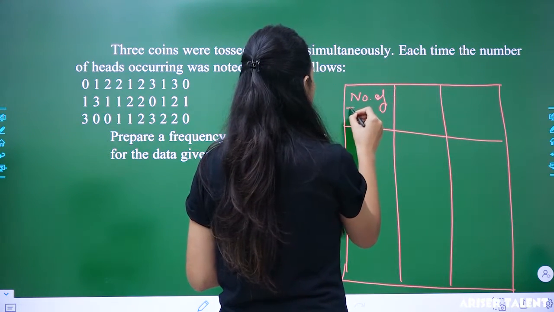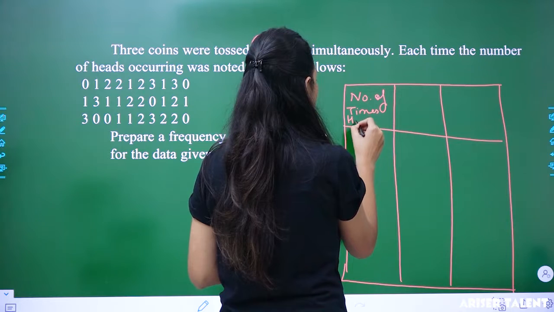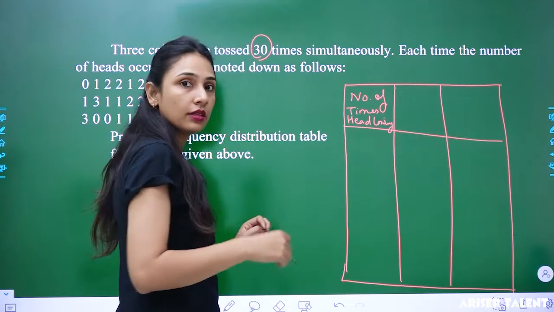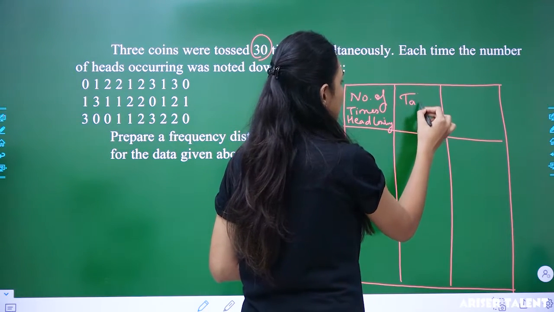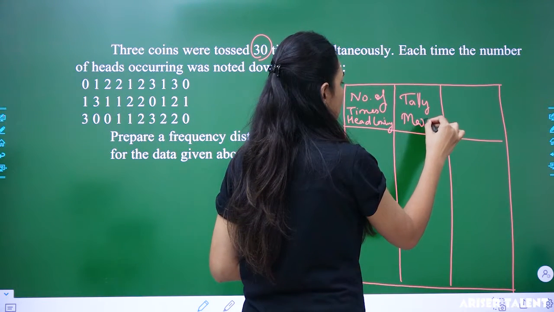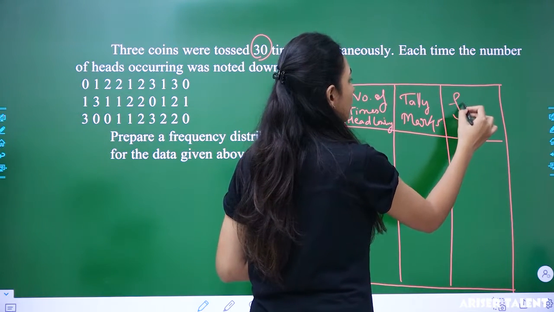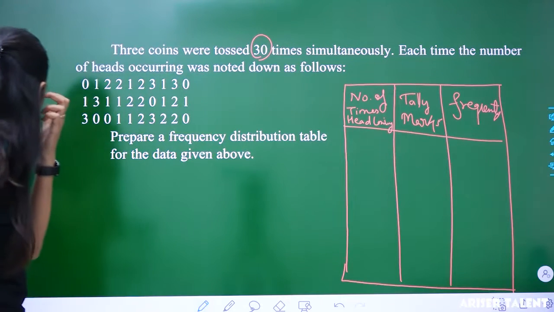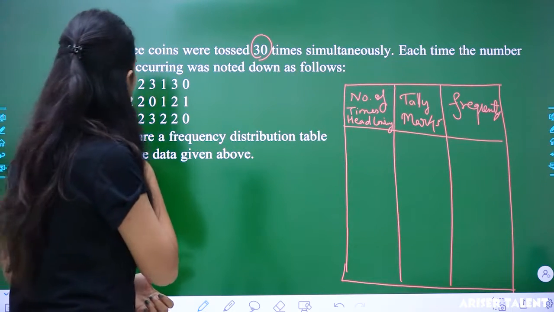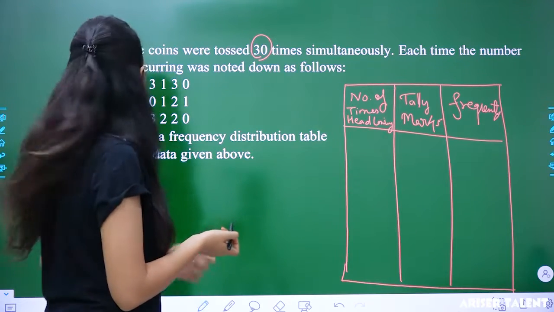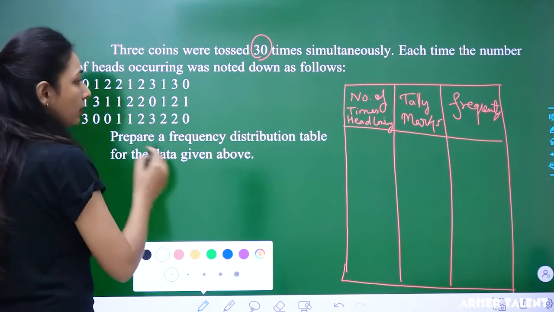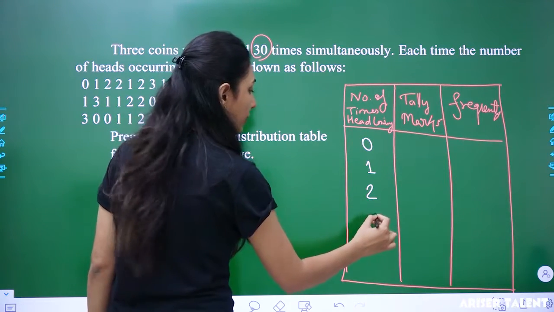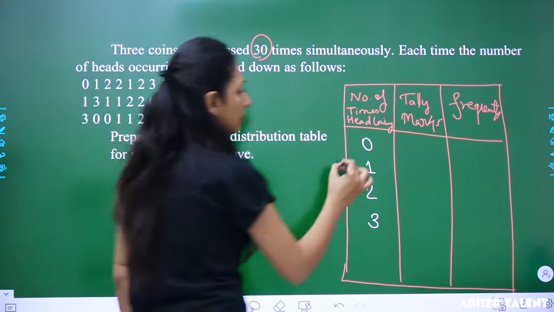Number of times head coming. Second thing is tally mark. And the third thing is frequency. So, head came 0 times, or 1 time, or 2 times, or 3 times. This is it.